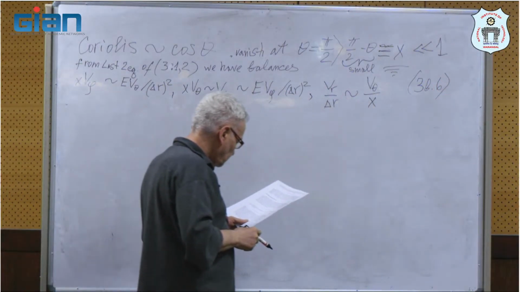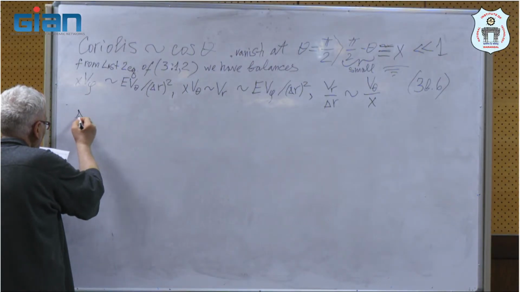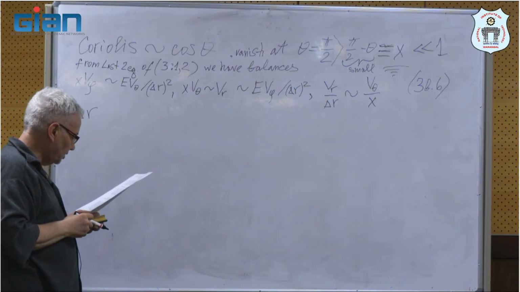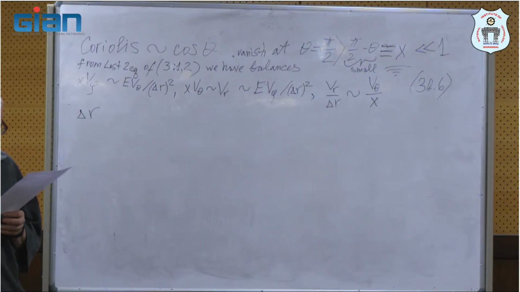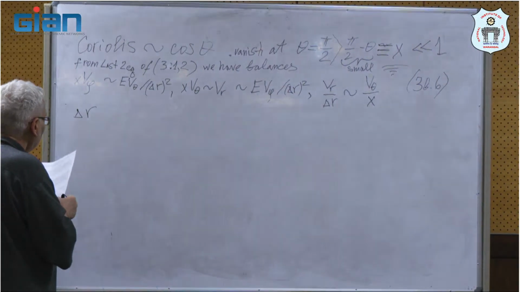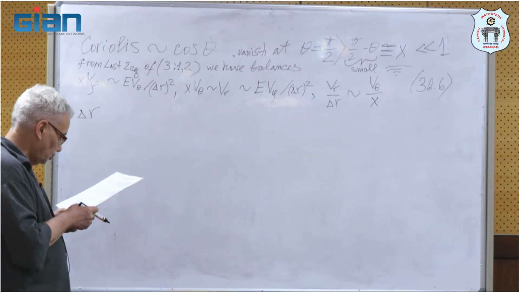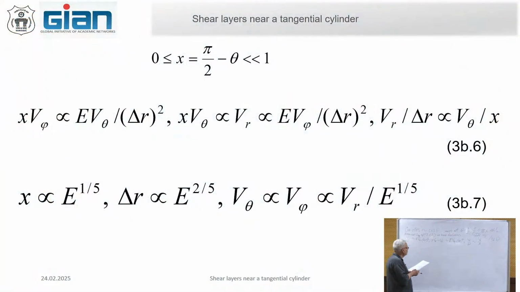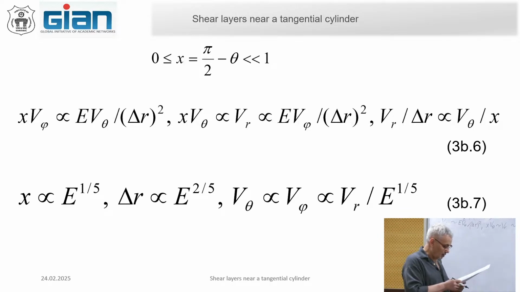Here delta R is the radial thickness of the equatorial layer. And the first balance is obtained from the latitudinal equation 3, which was in the previous chapter, under the condition that the decreasing Coriolis force remains compensated by the radial component of viscosity.